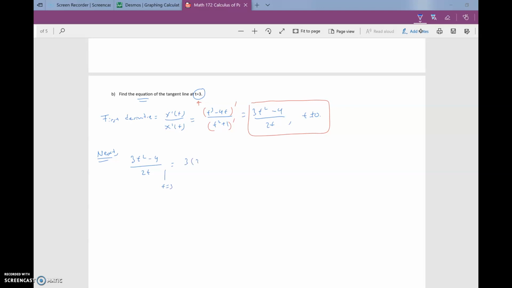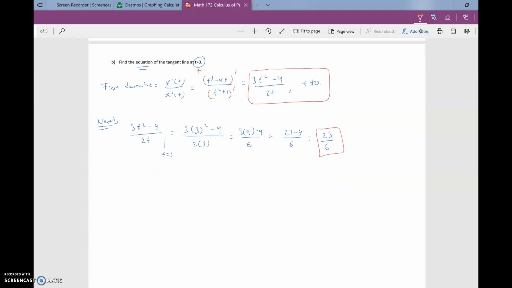So this is 3 times 3 squared minus 4 divided by 2 times 3. At the bottom, we're going to get a 6. This will be 3 times 9 minus 4, or 27 minus 4, divided by 6. I'm getting 23 sixths for the actual derivative.